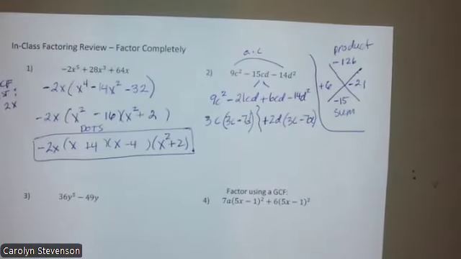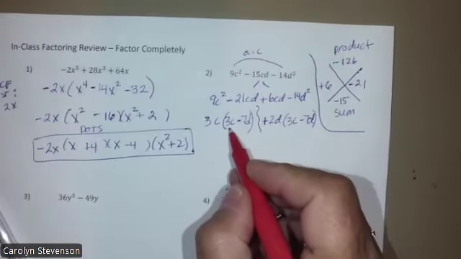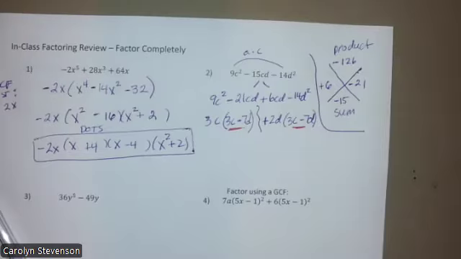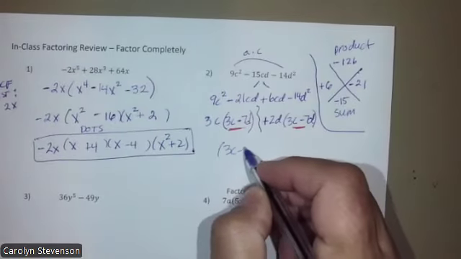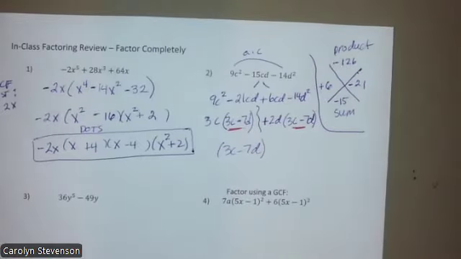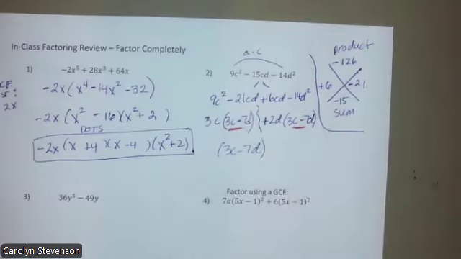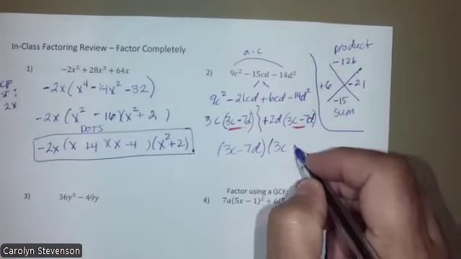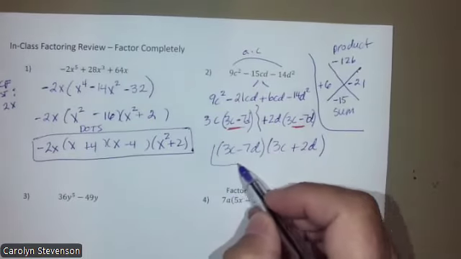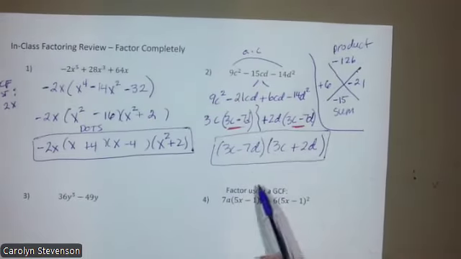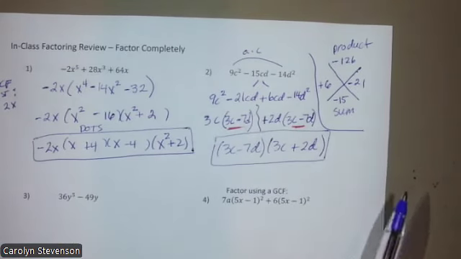And when you do factor by grouping at this point, we're looking for these to match, which they do. So that is one of your factors, 3C minus 7D. And the other one is when you take those out of there, you have 3C plus 2D. And you can multiply this all out and verify that you get back to the original.